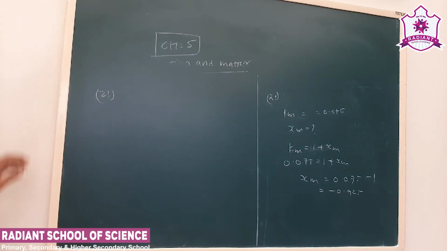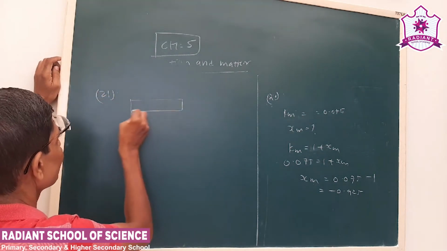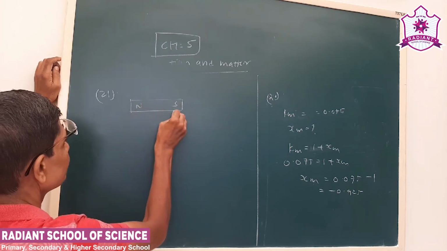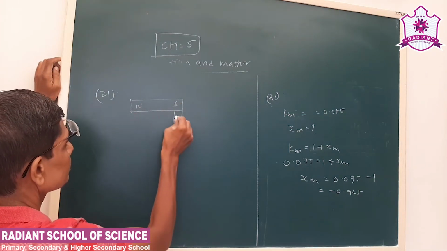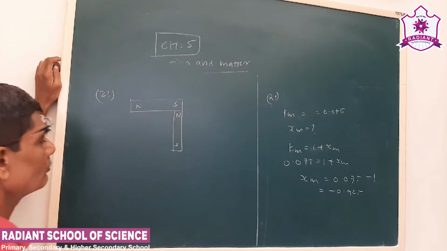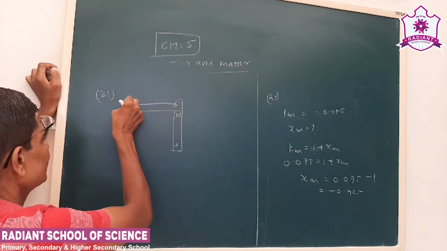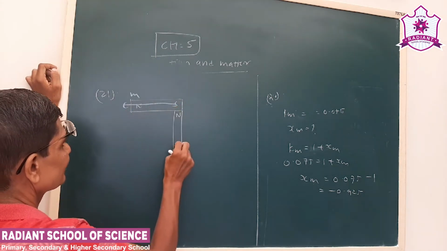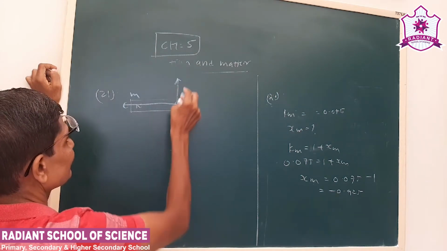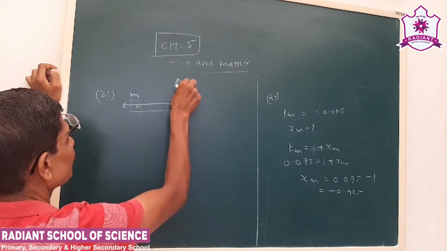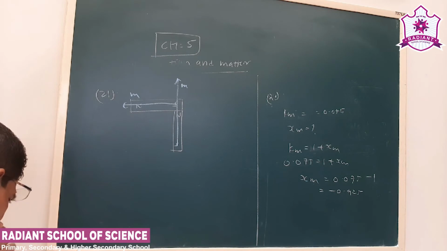See, the two bar magnets are S and N. What is the resultant dipole moment? See, each is of equal dimension and equal property. See, the dipole moment is a vector m.